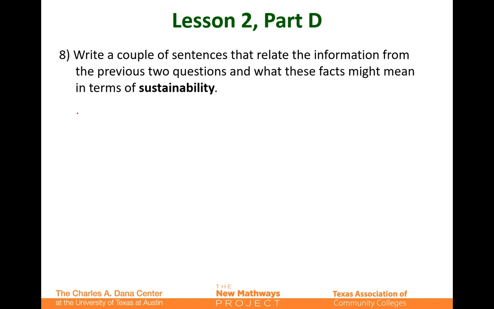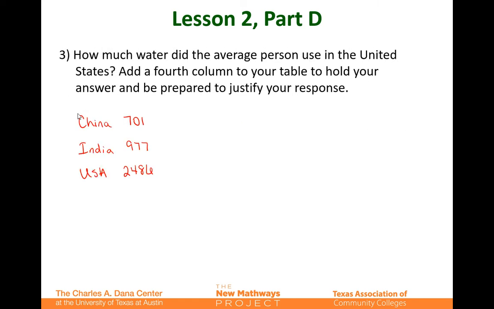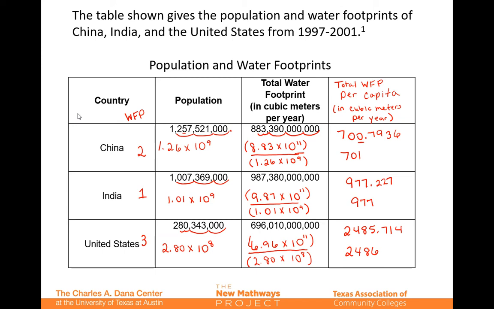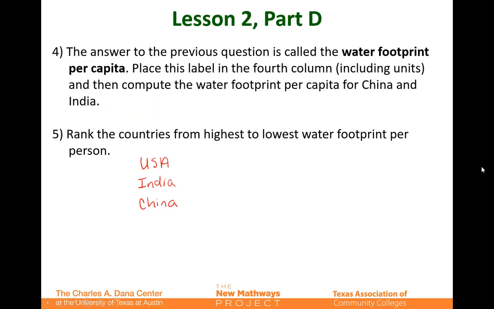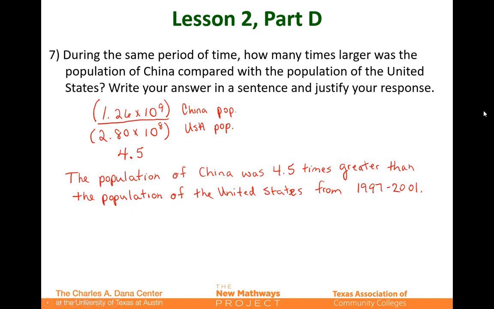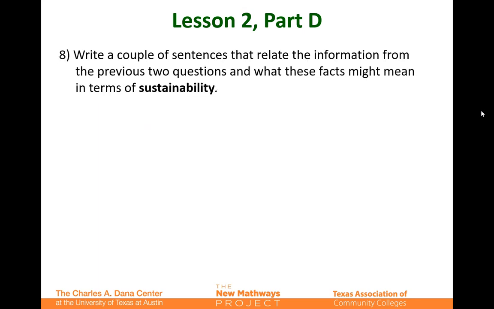I believe we discovered that per capita, 2486 compared to 701, the U.S. citizen uses 3.5 times more water than the average Chinese citizen. Well, I guess the one good thing is it would be much worse since China is so large if they used more than we did per person. But it doesn't seem very equitable.